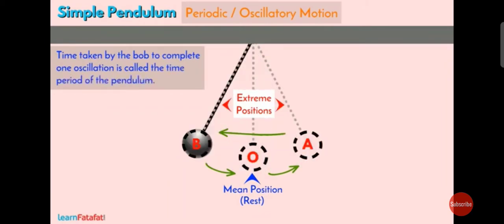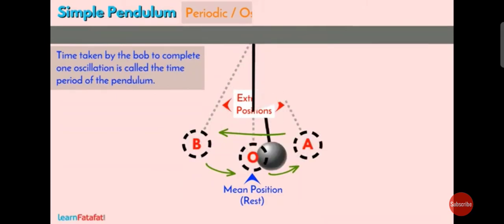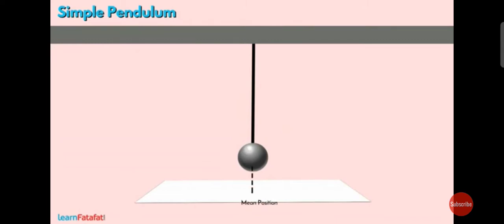We measure the time period by measuring the time required to complete an oscillation from the extreme position. It is difficult to measure the time period in one go. Here is a method to measure the time period of the pendulum. Mark the mean position of the bob on the floor. Switch off the fans.